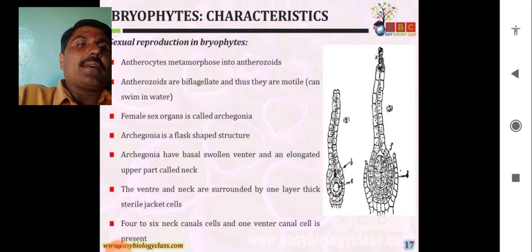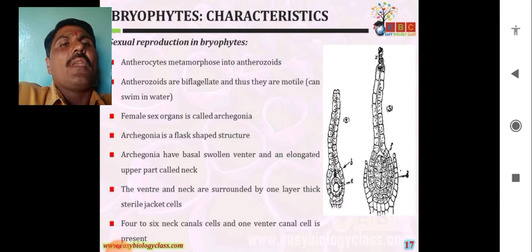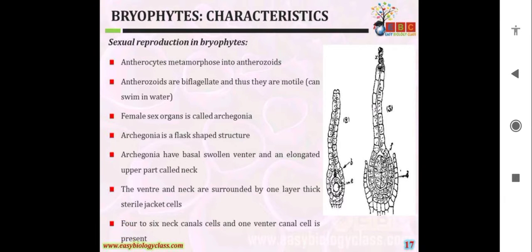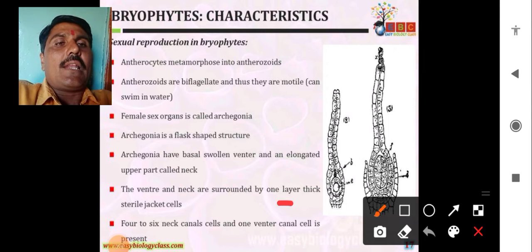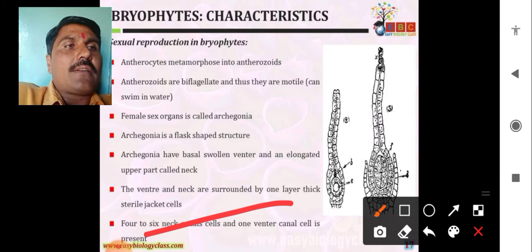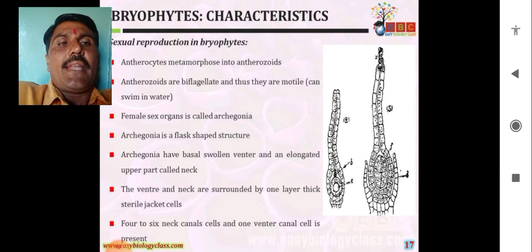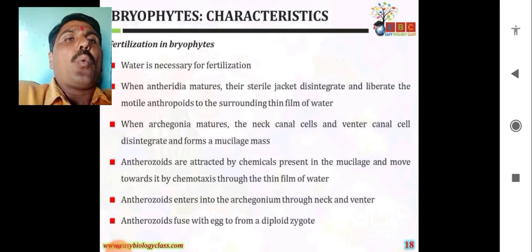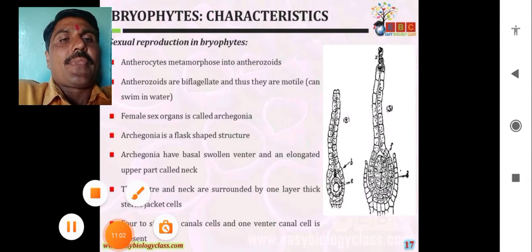And the female sex organ is called the archegonium. The archegonium is a flask-shaped structure. Archegonia have a swollen venter and an elongated upper part, that is the neck. This one is the neck. The venter and the neck are surrounded by a one-layer-thick sterile jacket of cells.